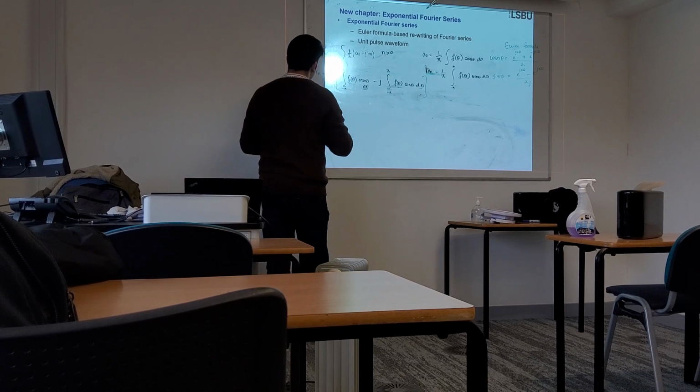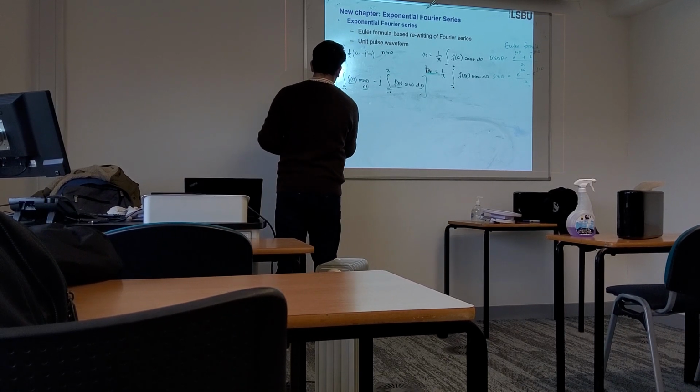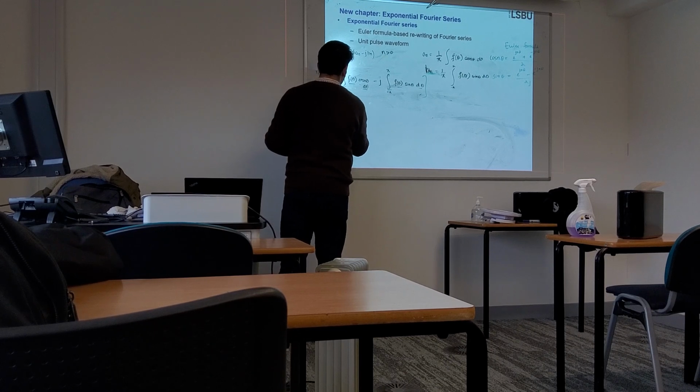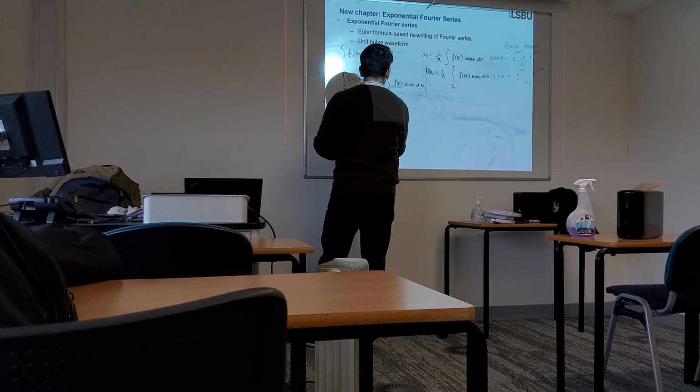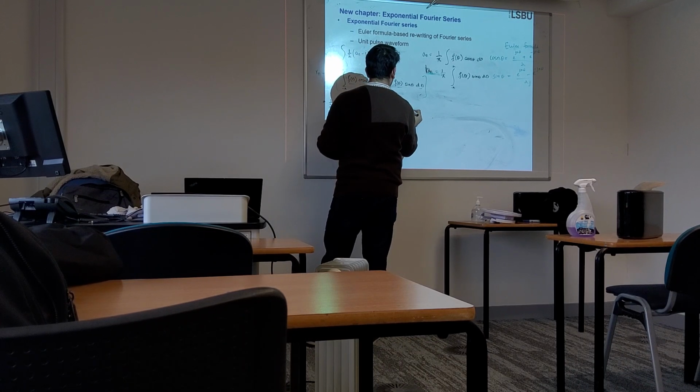So let's do that. So it would be 1 by 2 pi. Inside it would be the integral from minus pi to pi of f of theta d theta, and inside it would be cosine of n theta minus j sine of n theta.